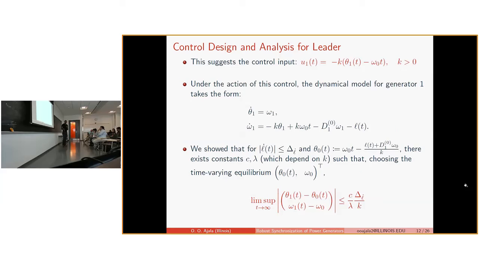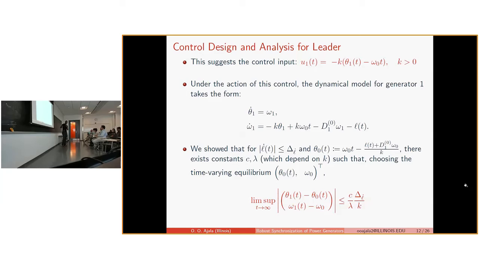And what we showed, and this is straightforward, is that C over lambda here is the L infinity induced gain of the system. And this term is an ultimate bound, which means even if the system is oscillating, its magnitude would never be greater than this.